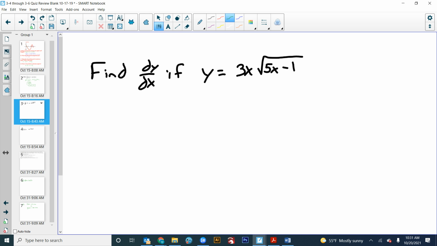All right, to avoid frustration and anger, what is the overarching derivative rule you should recognize first? Product. Do you agree? Product rule. But within the product rule, first times derivative of the second plus the second times derivative of the first, you're going to have a chain rule.